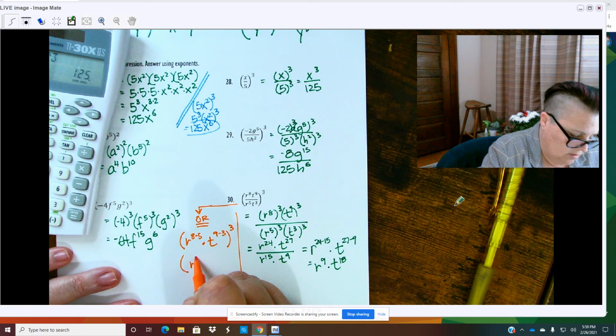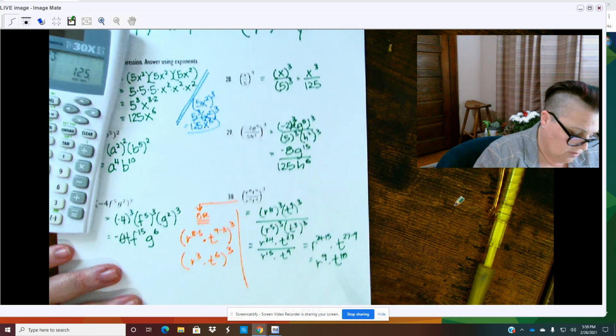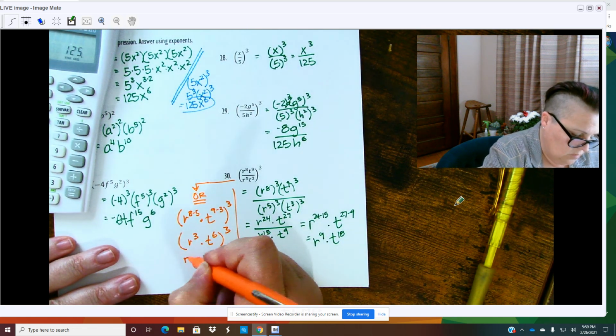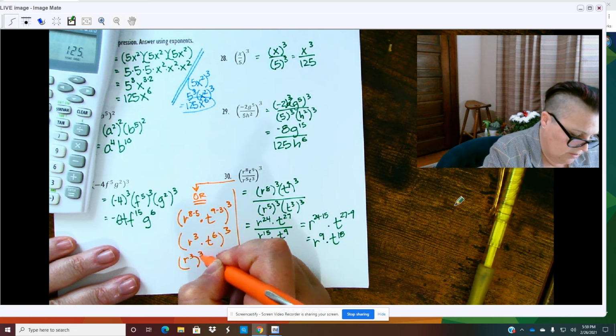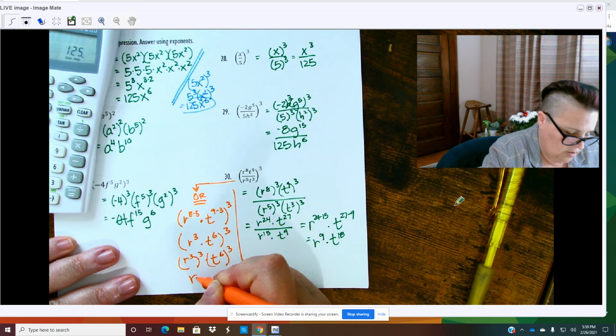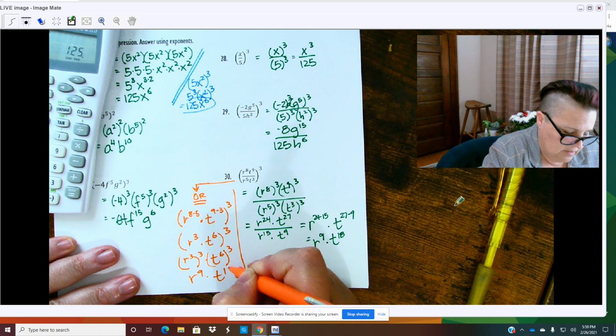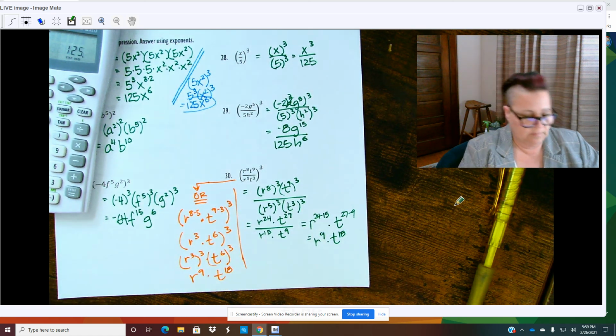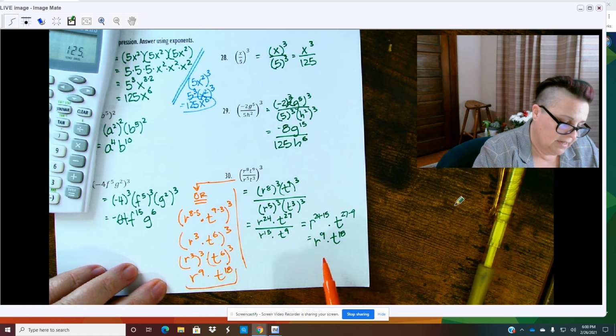So that would be r to the third times t to the 6 to the third, or r to the 9th times t to the 18th. See how we got the same answer?